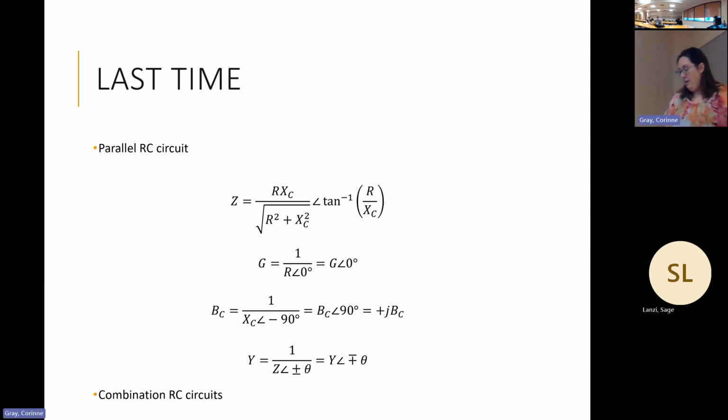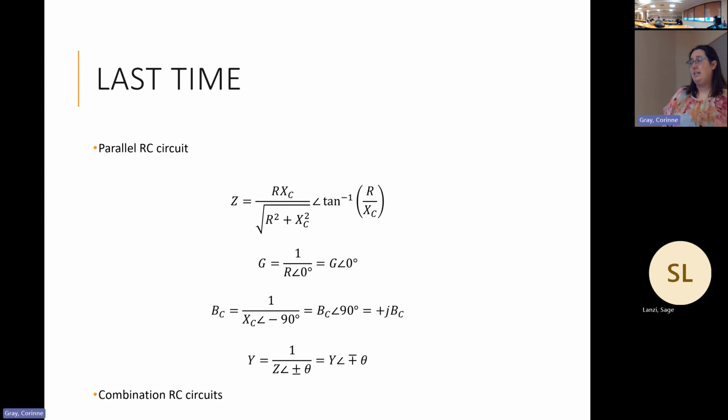And then we talked about combination RC circuits. If we have some series stuff and some parallel stuff, how do we start combining those? As we saw in the example, we have to flip back and forth between polar and rectangular form, depending on if we're adding and subtracting versus multiplying and dividing.